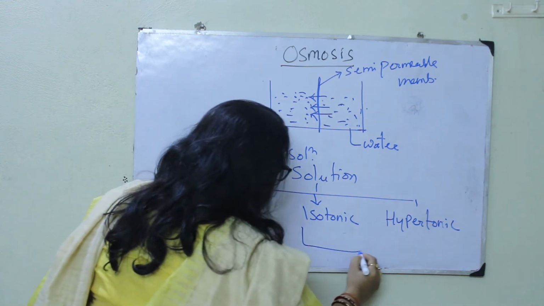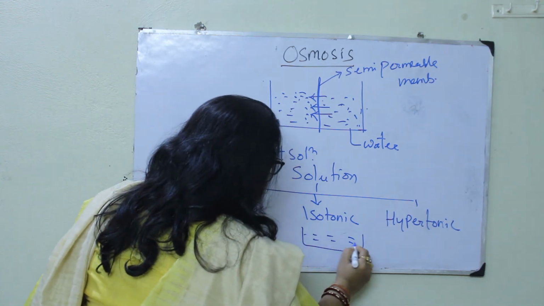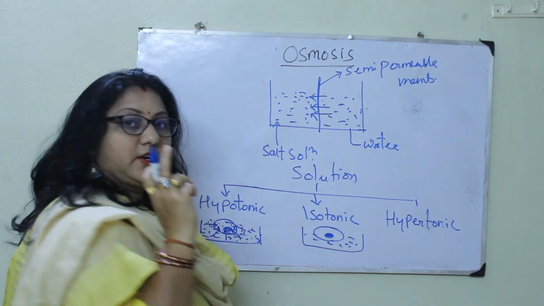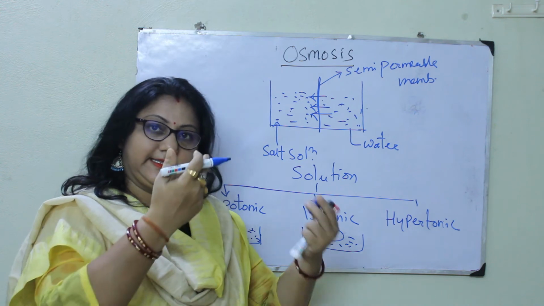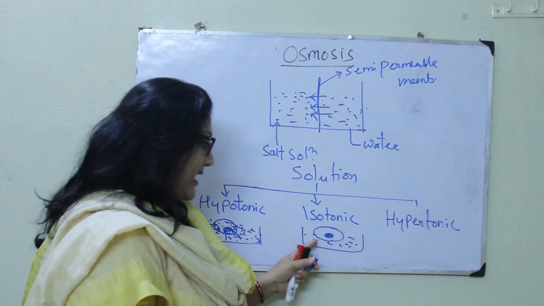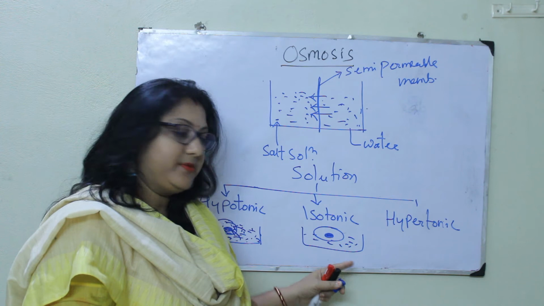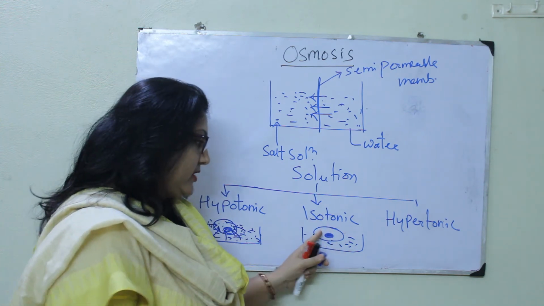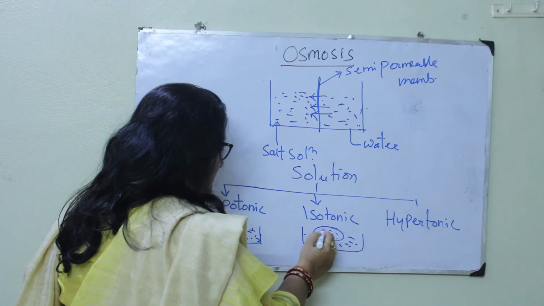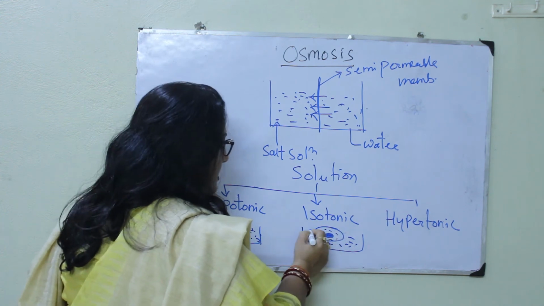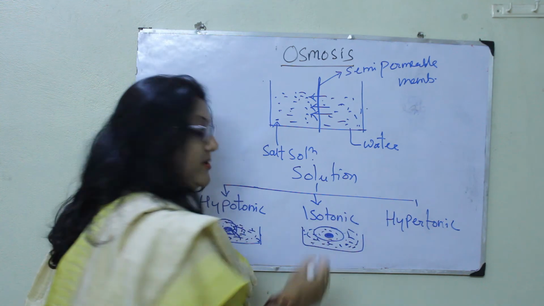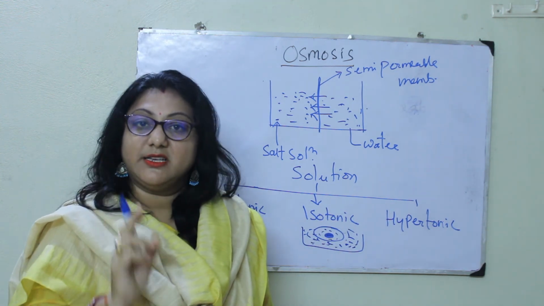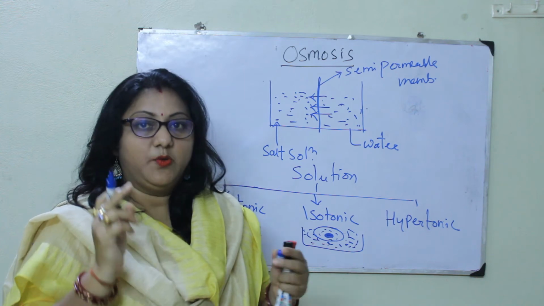Suppose I draw one more. The cell is here and the concentration of water is exactly the same in the outside medium as well as the inside cytoplasm, right? So whatever water concentration is here in the cytoplasm, the same water concentration is there in the surrounding medium. Such solutions will be called isotonic solutions. Why?